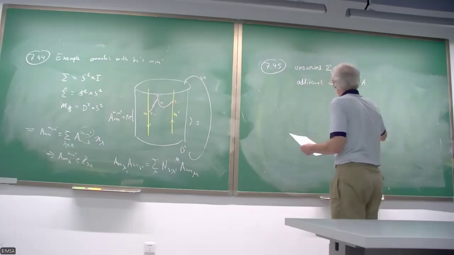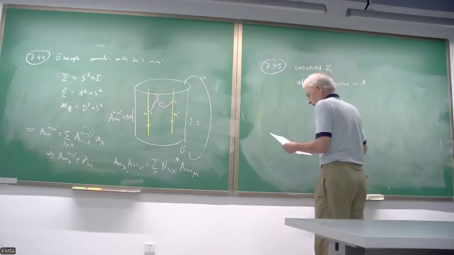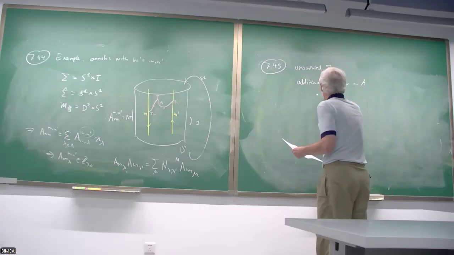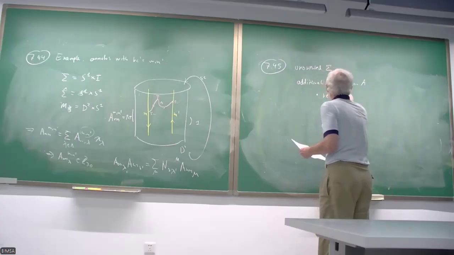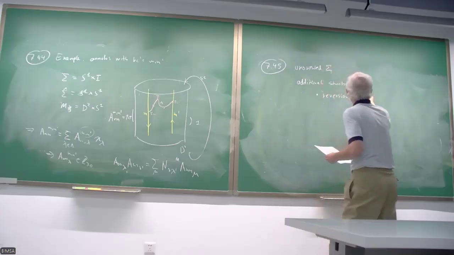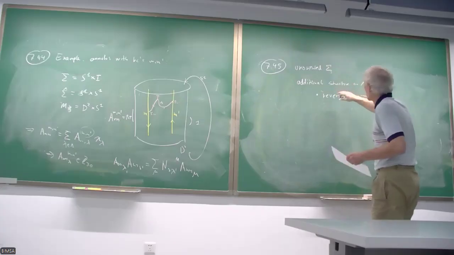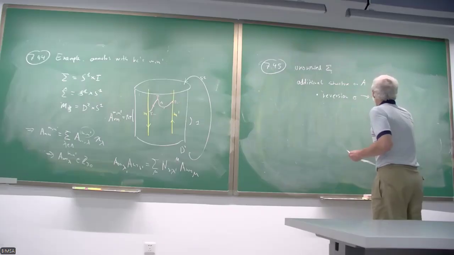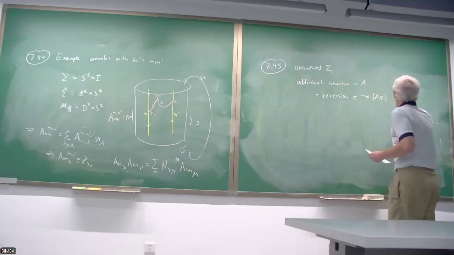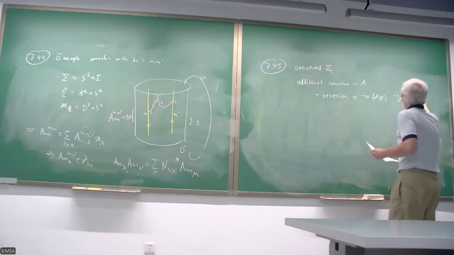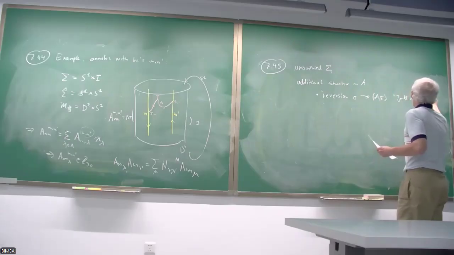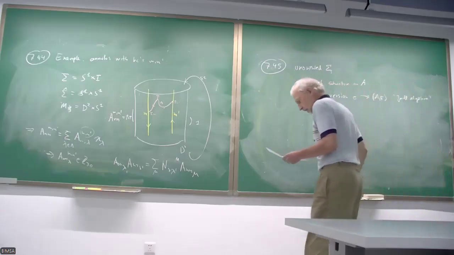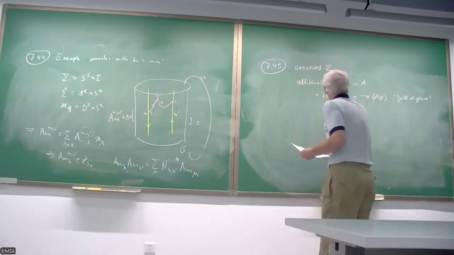But we also need what is called a reversion. And let's call it sigma. And then A together with reversion is called a Jandl algebra, and I will not tell you where that name comes from. What is a reversion?